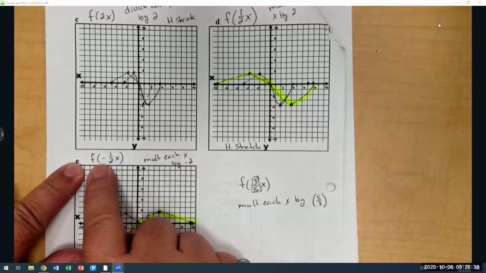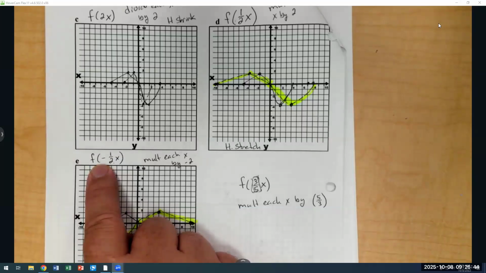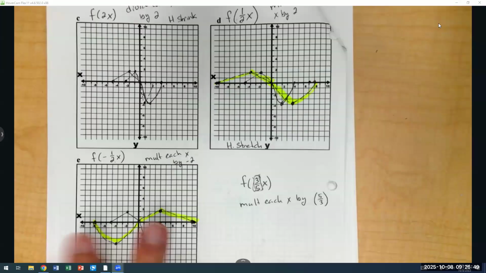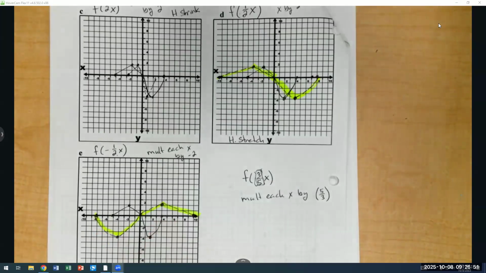What did we do earlier? Over the y-axis. Right, it's a reflection across the y-axis. So we flip it across the y-axis. And that's what we did here. We took this graph, flipped it across the y-axis, and there we have that. But yeah, there are a lot of moving parts, so you have to be very careful and cognizant of what's going on when you do each of these changes.